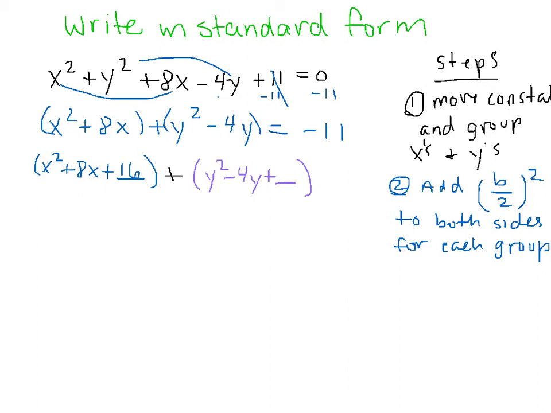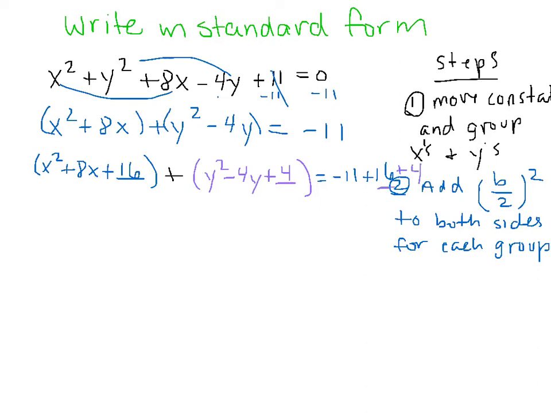So half of negative 4 is negative 2, squared is 4. But now the big key here is we have to make sure we add it to the other side. So on the other side we have negative 11 already, but we also have to add in both of those blanks. So we have to add in our 16, and we have to add in that 4.